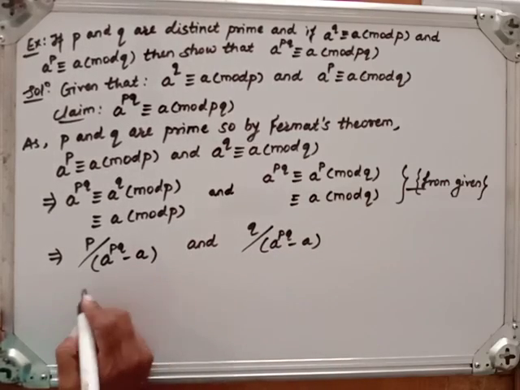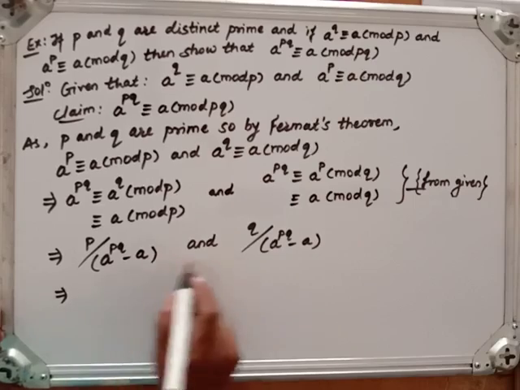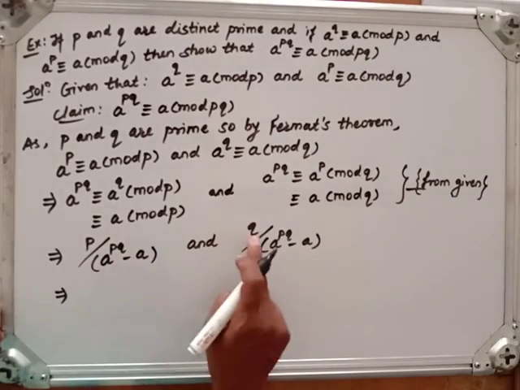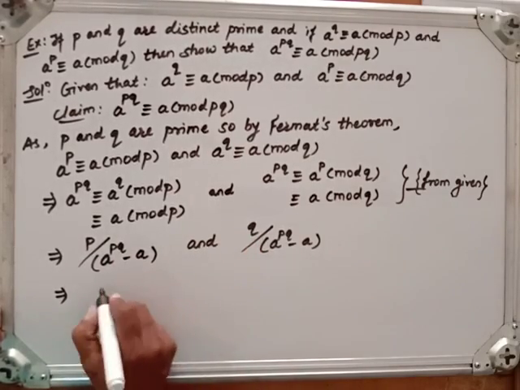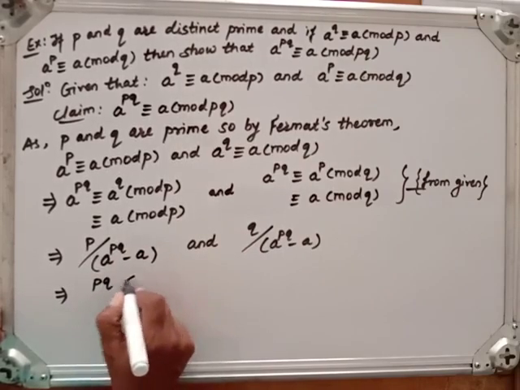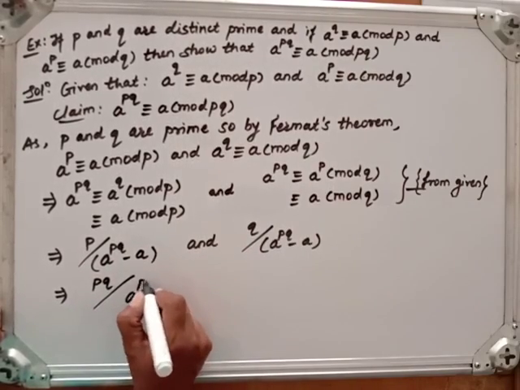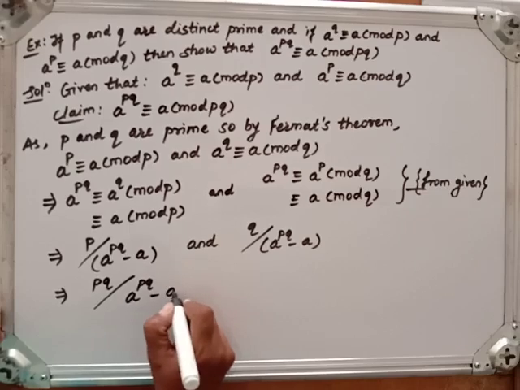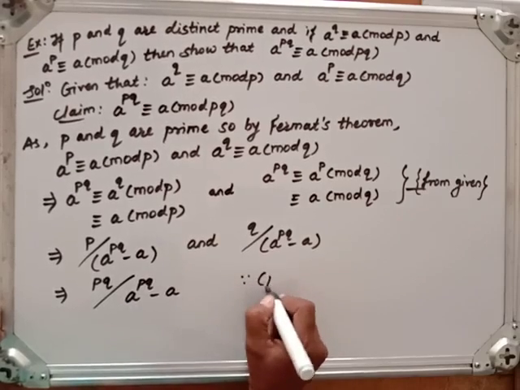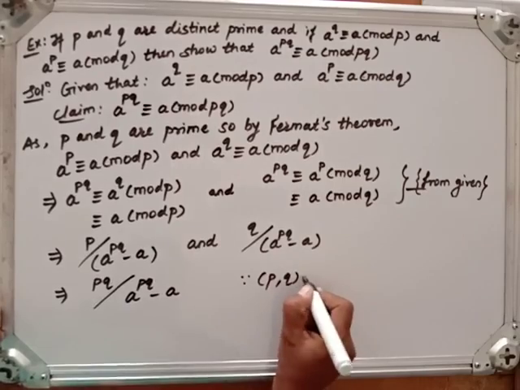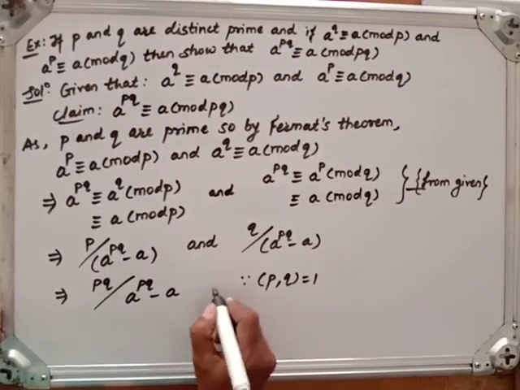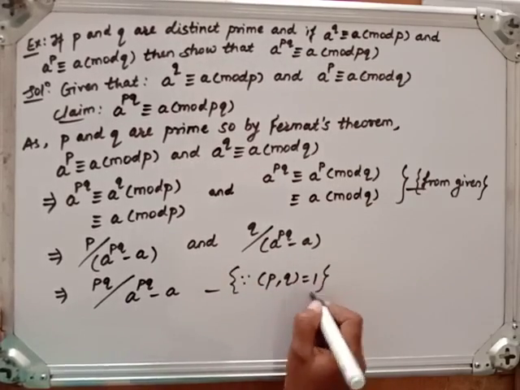Now the same term is divisible by p as well as by q, so we can say their product also divides a raised to pq minus a. Why does this hold? Since p and q are distinct primes, they are relatively prime. This is the reason for that.